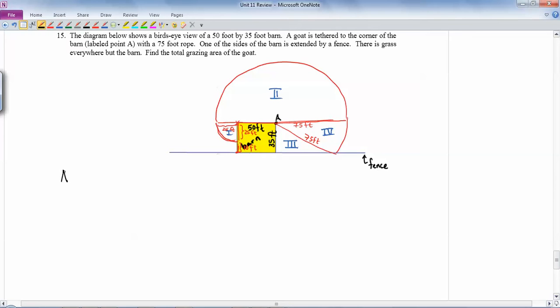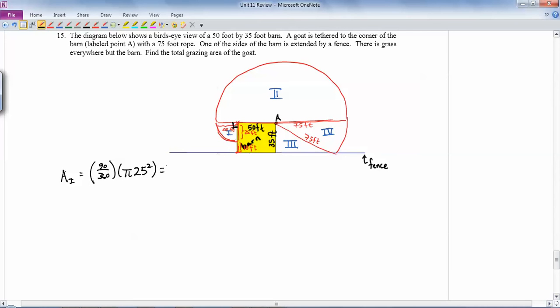So area of region 1. Now you'll notice it's a quarter of a circle. The radius is 25. The reason I know it's a quarter is because that's a 90-degree angle. So it's 90 over 360, 1/4 of the area of a circle with radius 25.